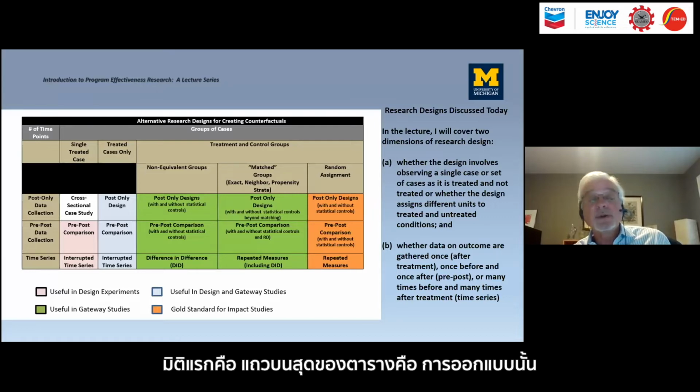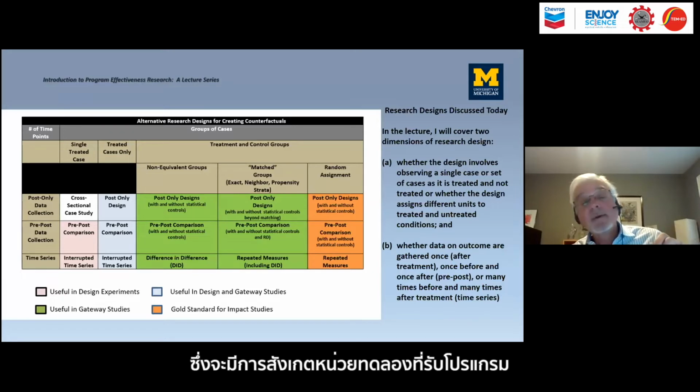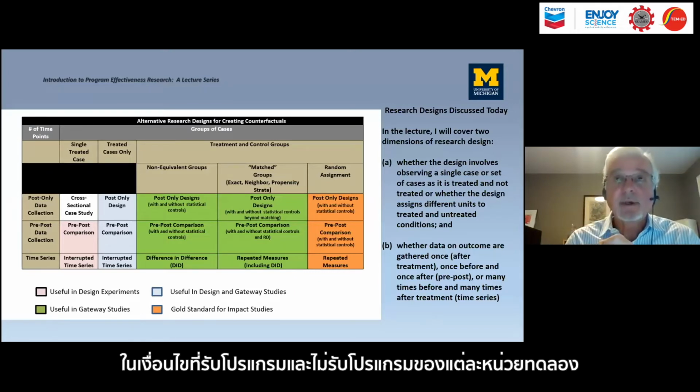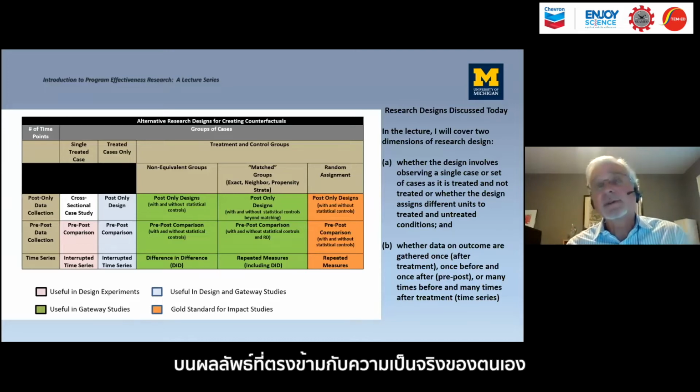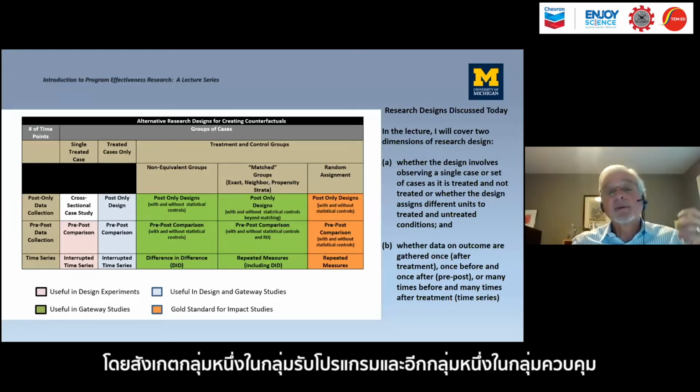The first, which is the top row of the table, is whether the design involves observing a single case or set of cases that are treated or not treated, so that each unit serves as its own counterfactual, or whether we're going to create different groups of treatment and control units, observing one in treatment and the other in control.